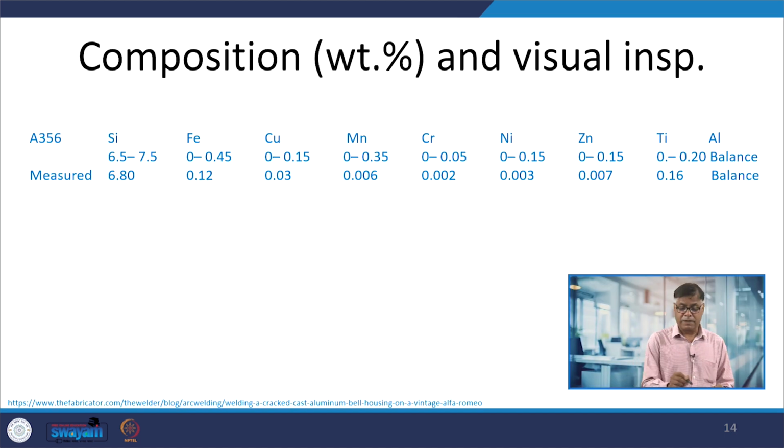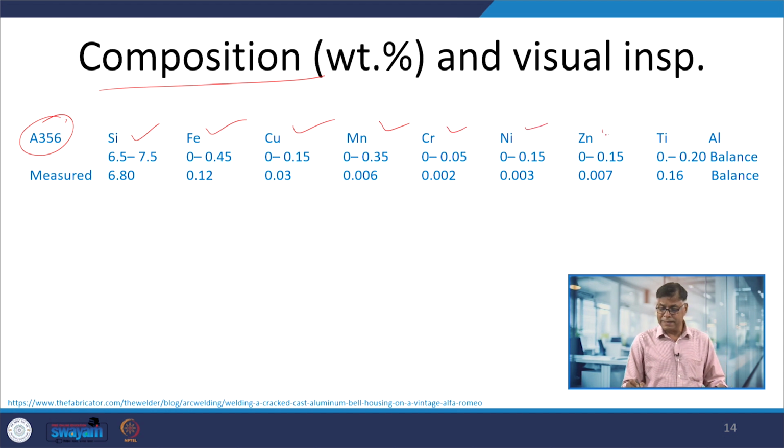Initially, the composition analysis was carried out, since the casting was made of A356 alloy, for which the allowed silicon, iron, copper, manganese, chromium, nickel, zinc, titanium, and balance aluminum are in a specified range. What it suggested is that the silicon is very much in the range, and likewise iron, copper, chromium, nickel, and zinc.